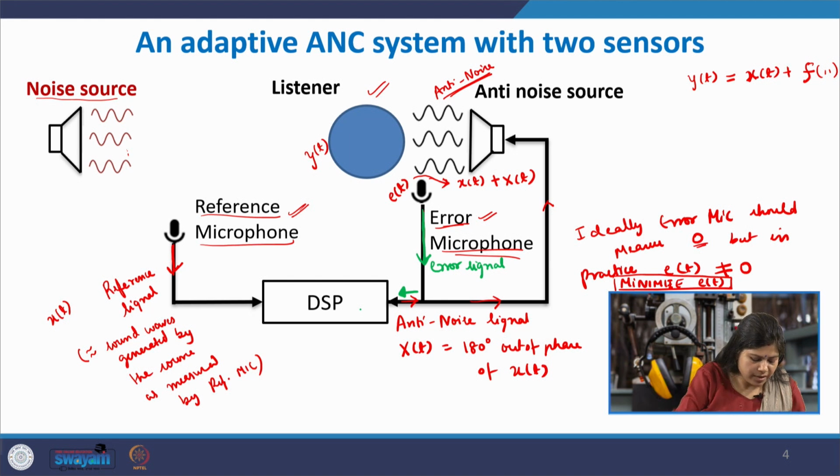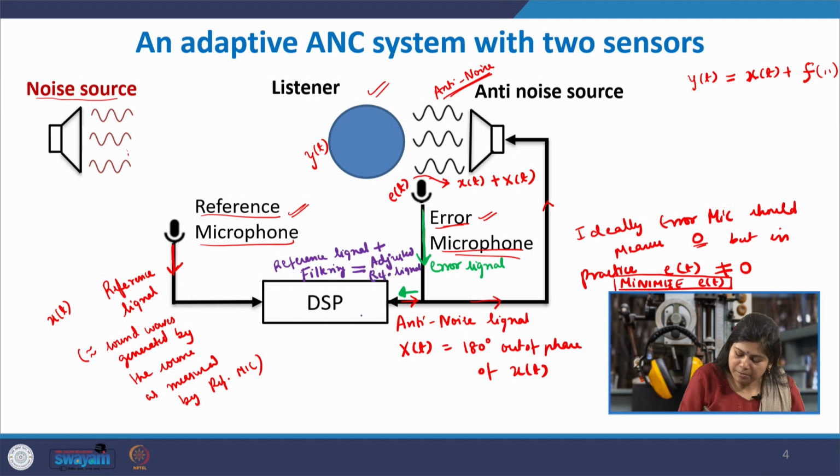When the DSP has all this information, once it receives the error signal, it takes the original reference signal and does some filtering to it in order to reach a new adjusted reference signal.